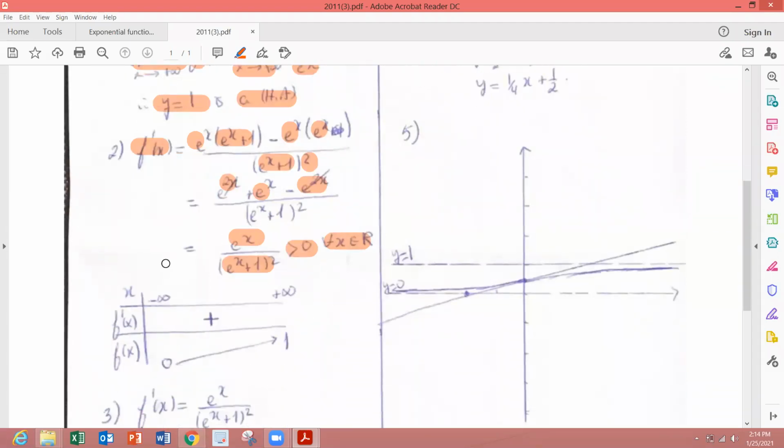Then, to construct the table of variations, x belongs to minus infinity, plus infinity. This is f prime x. It is positive, and the function is increasing.